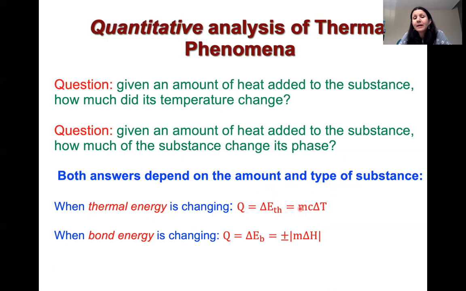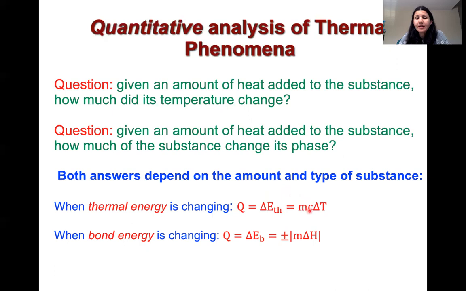But it's also proportional to mass. So if you double the amount of stuff that's changing temperature, you're going to double its thermal energy. So you will need to add double the amount of energy to heat 2 glasses of water compared to 1 glass of water.